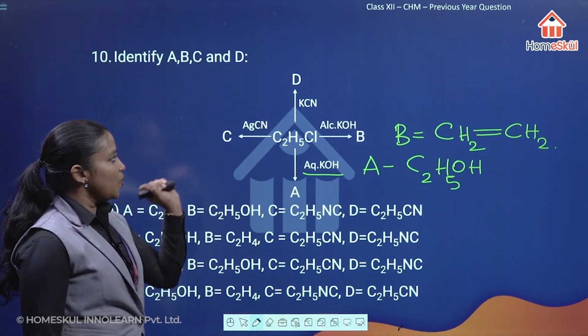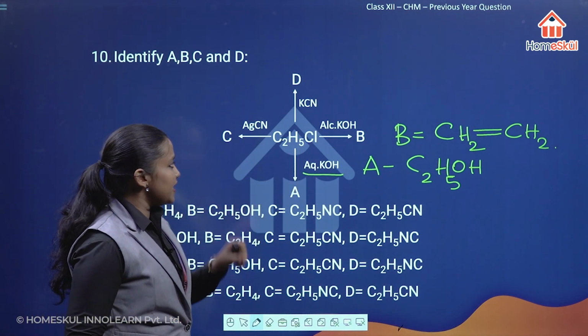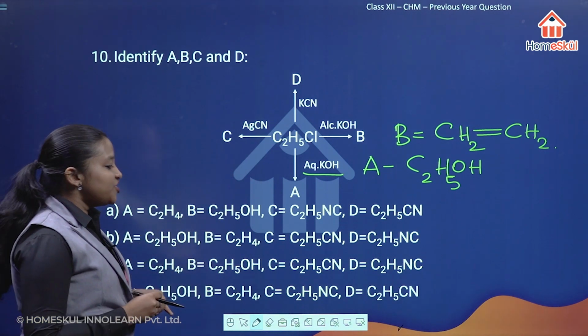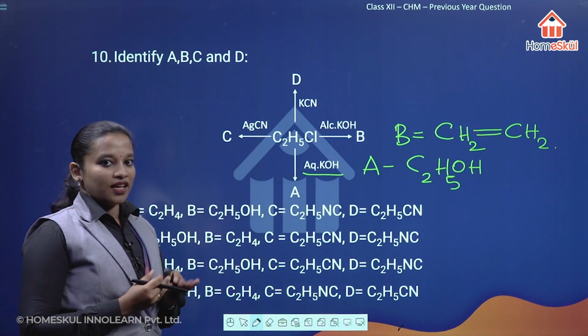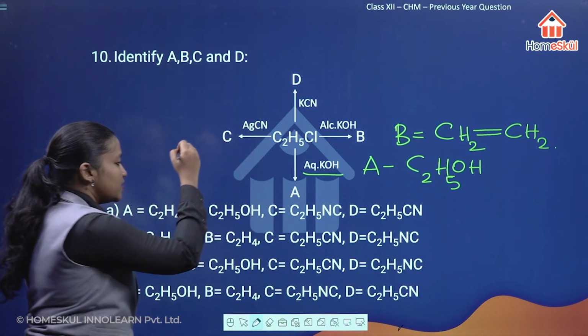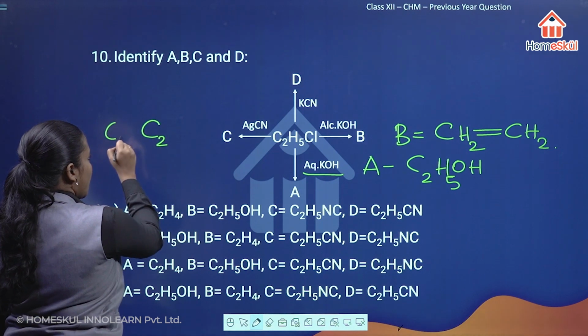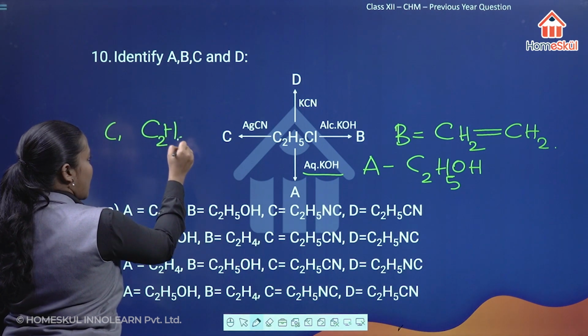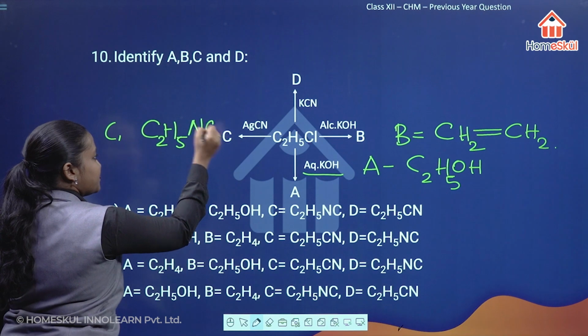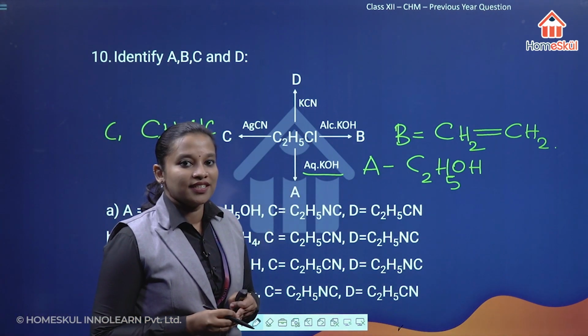Okay, so the next one, C. C2H5Cl, when it reacts with AgCN, that results in the formation of what? Isocyanide, that is C2H5NC. Then, what happens when it reacts with KCN?